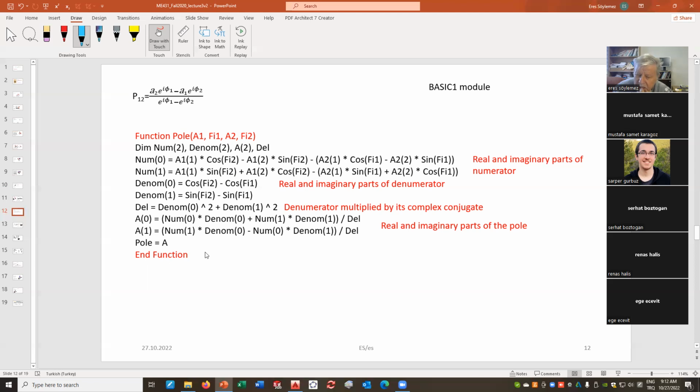Pole is equal to A. It gives you the location of the pole. Let me show you how this is done. Any questions on this? Okay.